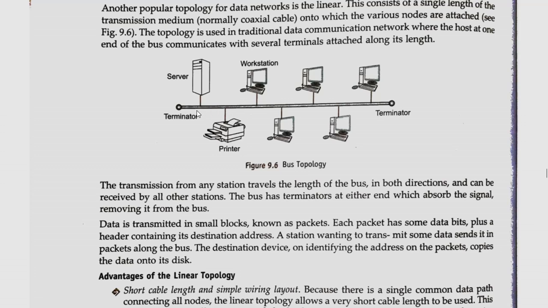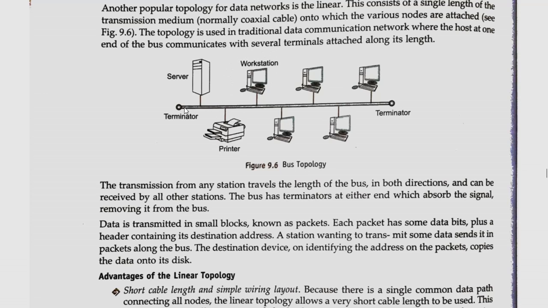Now what will happen if you are sending the information from this particular coaxial cable? Then the information has its own header address, saying at which particular node or station it has to go. So accordingly, getting the address, the particular workstation will access that data and copy it into its own system. Suppose you are sending it to this workstation 1.